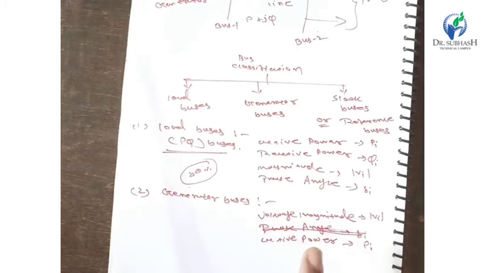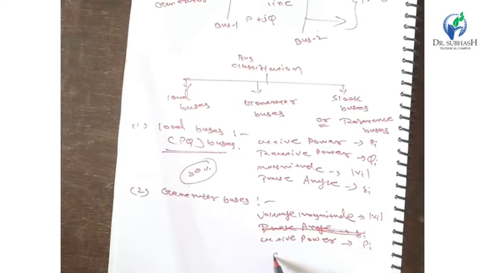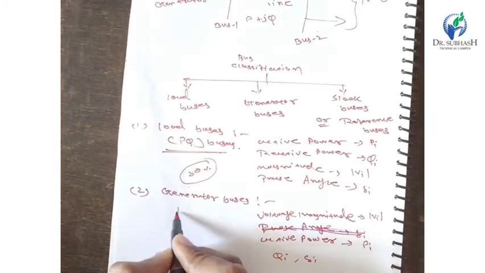For the reactive power Q suffix I and phase angle delta I, we solve using the load flow solution. This generator bus is also called a PV bus.